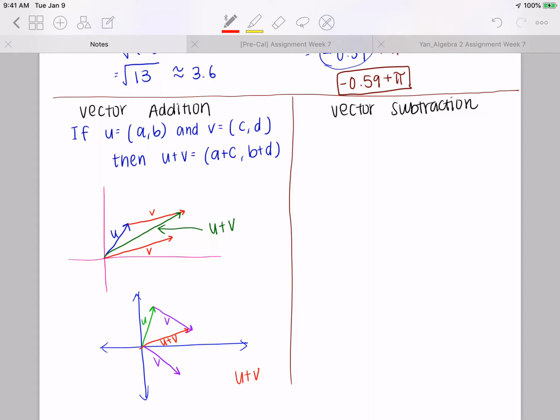Now vector subtraction is if u equals a comma b and v equals c comma d, then u minus v would be subtracting each of them, a minus c and b minus d.